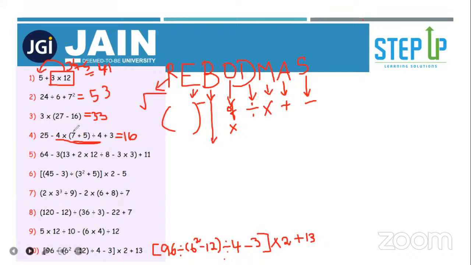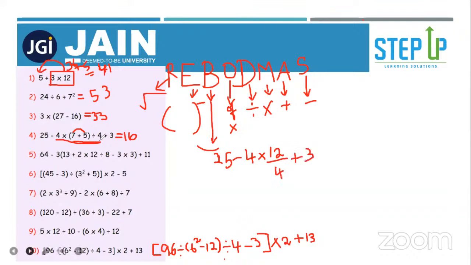Okay, first is the bracket. Yes, so 7 plus 5, 12. Next is division. There is no of. Next is division, D. When dividing, 12 divided by 4, or I can say it is 25 minus 4 times 12 divided by 4 plus 3.